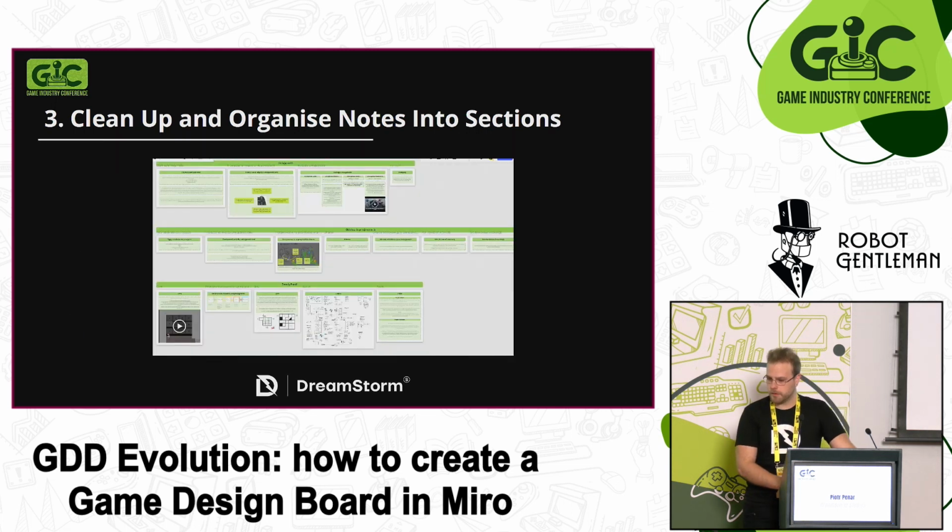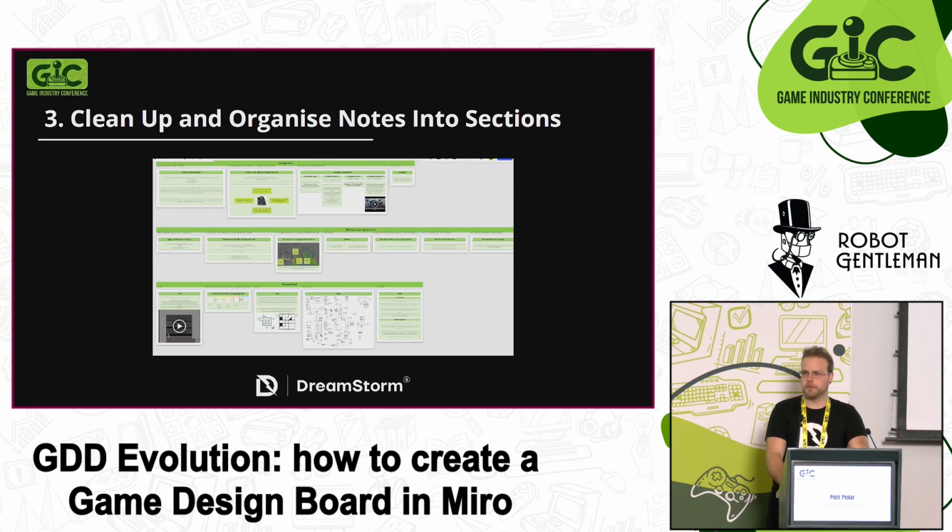So after we structured and organized all the information that was the result of the brainstorming process, we came up with a sort of leveled design for the board, with each level being about graphics, about mechanics, about accessibility, about general information.